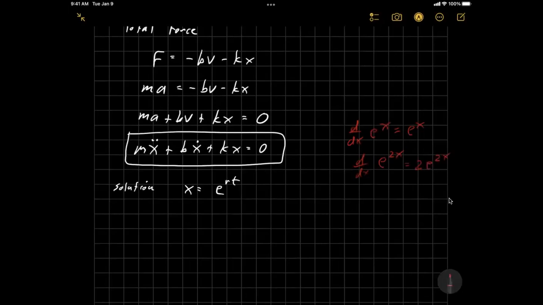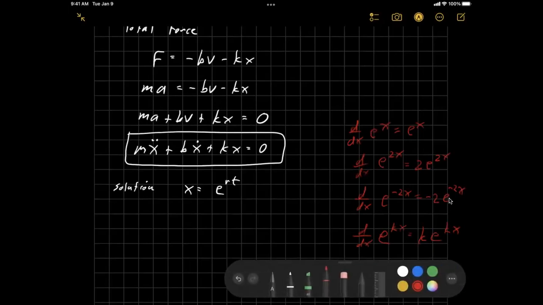All right. The derivative with respect to x, if it were e to the negative 2x, that would be exponential decay. That would be negative 2 e to the negative 2x. In general, the derivative with respect to x of e to any number, let's call this kx, would be k e to the kx.